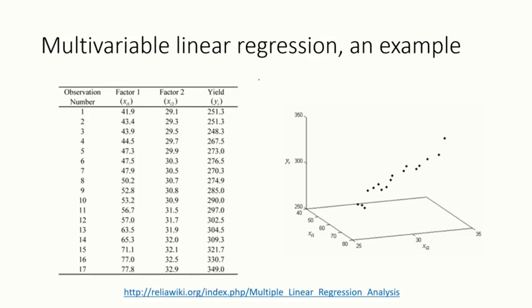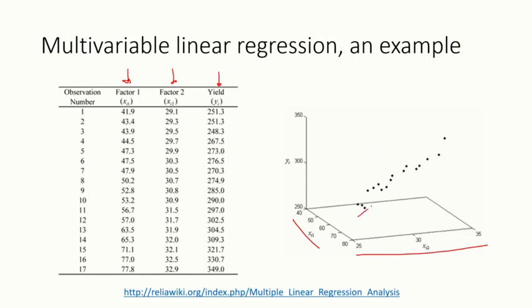This example uses two factors, two variables. Okay, p equals 2. You have x1, this column of data, x2 column of data, and then y is yield. Then you have x1, x2, these two variables in combination, and that gives you the prediction of y.